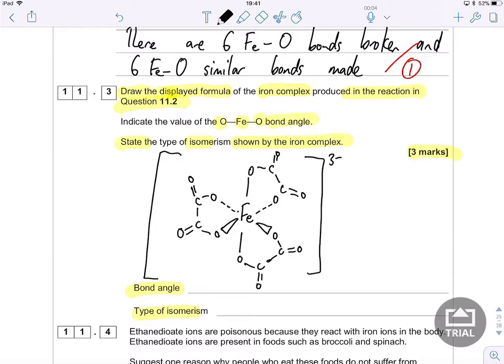So my bond angle between oxygen, iron, oxygen, I'm going to say is 90 degrees. And the type of isomerism shown by this is optical. So 1, 2, 3.